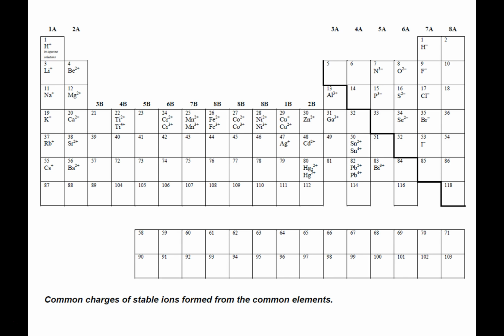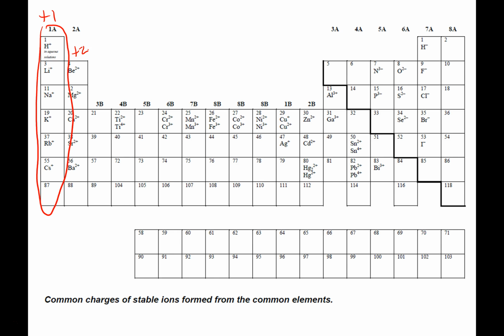For this 1A group, at the top I would put a +1, because all of those metals form a +1 cation. What type of ion do the 2A form? +2, very good.